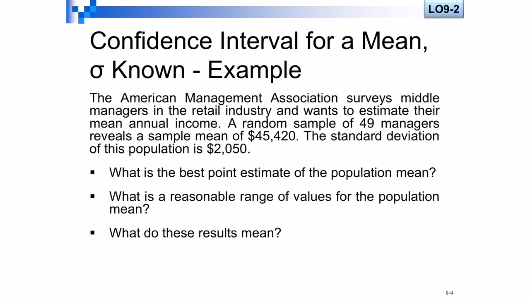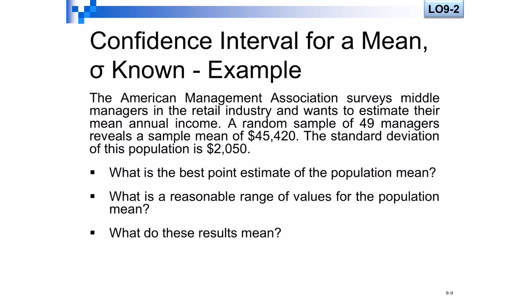So this is the first example question. They asked, the American Management Association surveyed middle managers, and a random sample of 49 managers revealed a sample mean of 45,420 and a standard deviation of 2050.